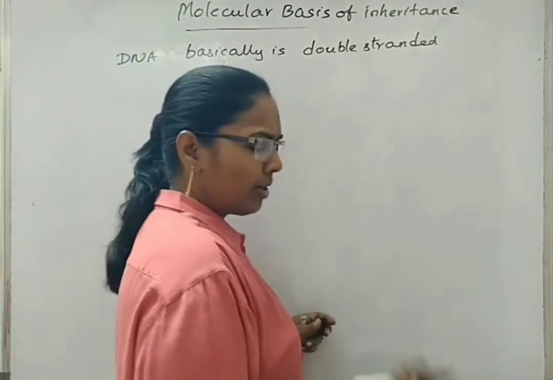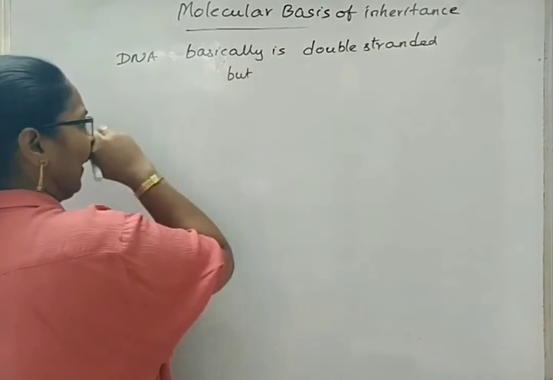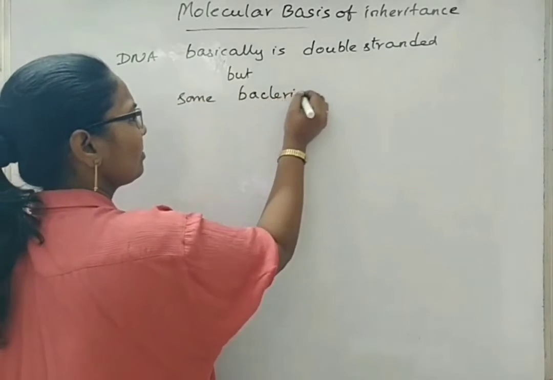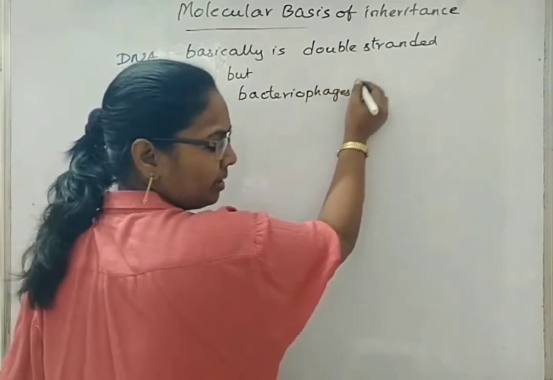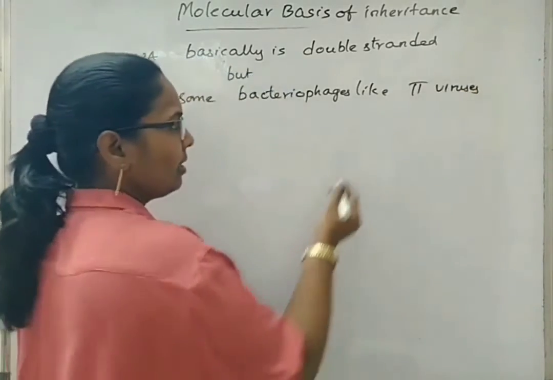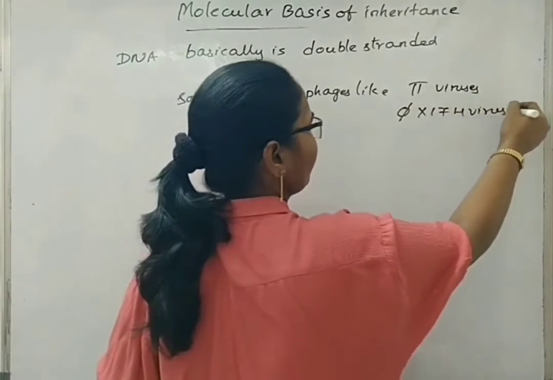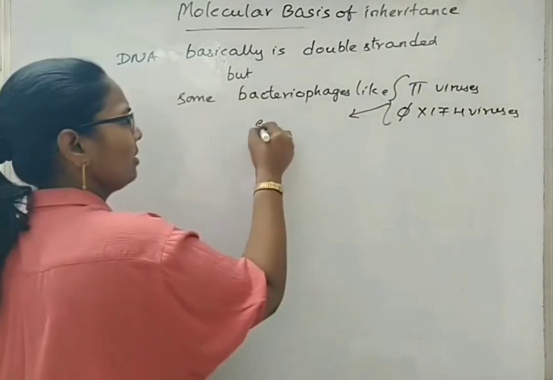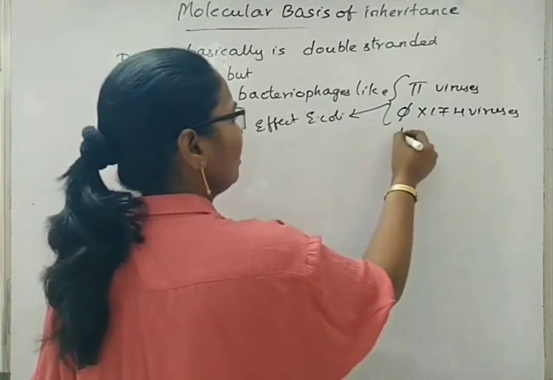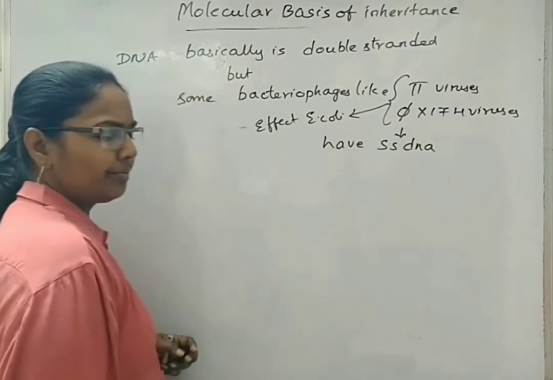For normal organisms we can consider exceptions, but some bacteriophages like pi viruses and also phi X174 viruses which affect E. coli have a single-stranded DNA molecule.